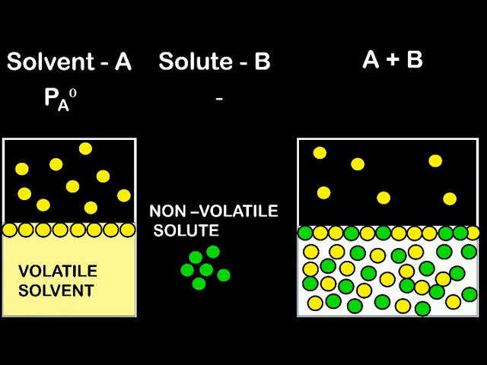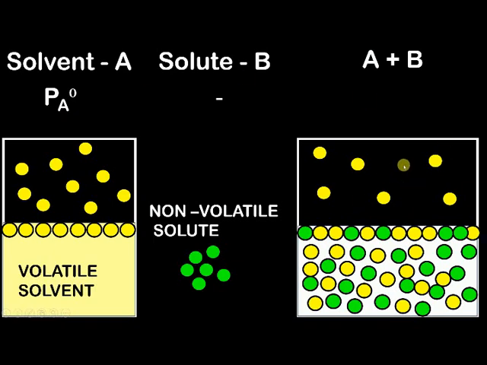So one thing is sure here, that the vapor pressure in this solution is only because of the solvent. Now, what is the name of this solvent? The name of the solvent is A. So when this solvent is not mixed with the solute, its vapor pressure is PA naught. Am I right? When it is not mixed with any solute, its vapor pressure is PA naught.